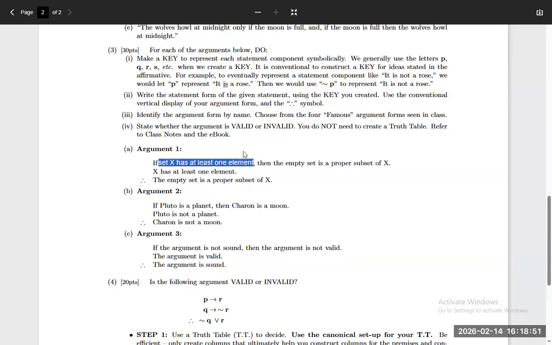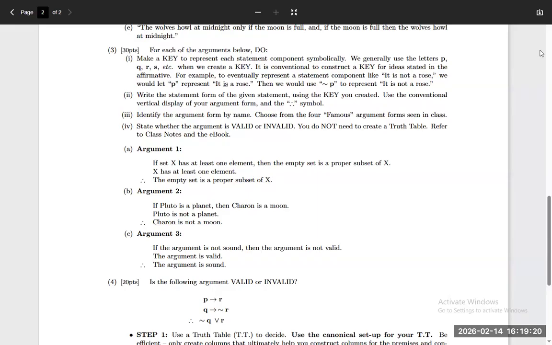Yeah, so I'm going to write it here. P could be set X has at least one element, and I'm going to abbreviate because I'm running out of room. What would be another part of your key that would be reasonable? Would be Q. And what would Q say?